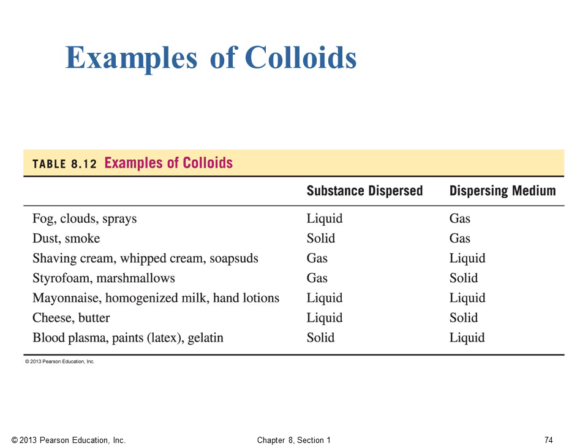We know that these different colloids are homogeneous mixtures. They are consistent throughout, but we are able to separate them using semi-permeable membranes. We can't filter them out, but we can use these membranes to separate out some of these solutes.